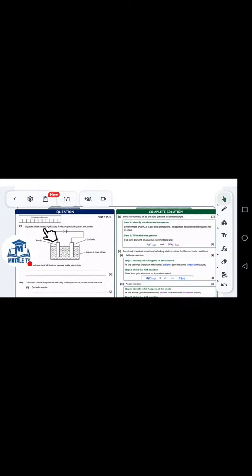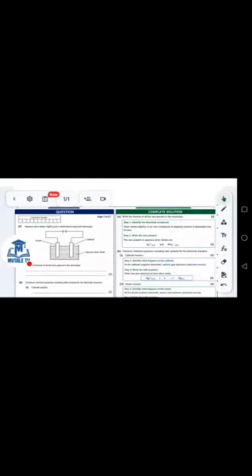Then the silver and the nitrate means that the ions present in this solution are silver ions and the nitrate ions. Now remember, since water is involved in this question, that automatically means hydrogen ions and hydroxide ions will be present.